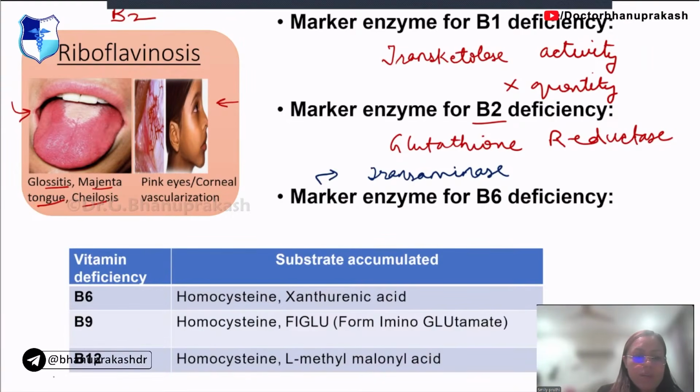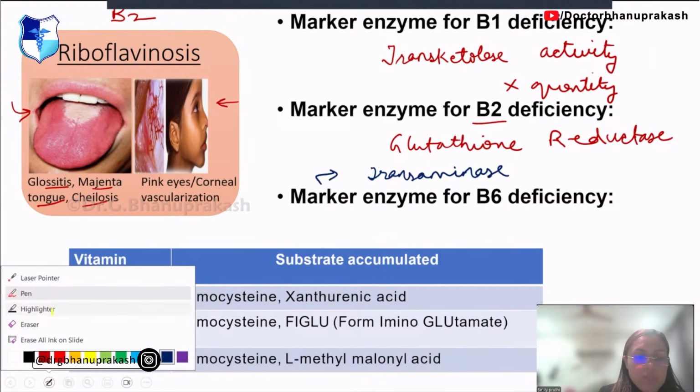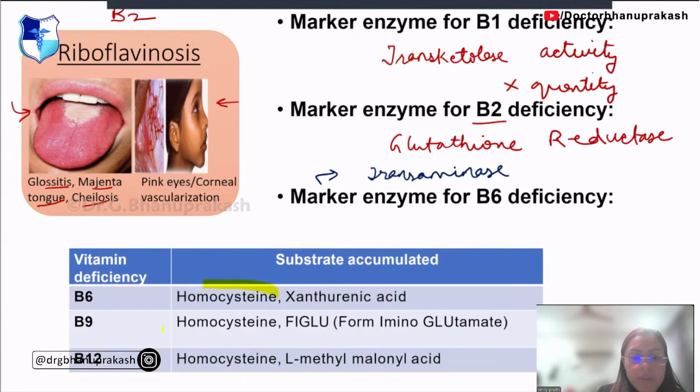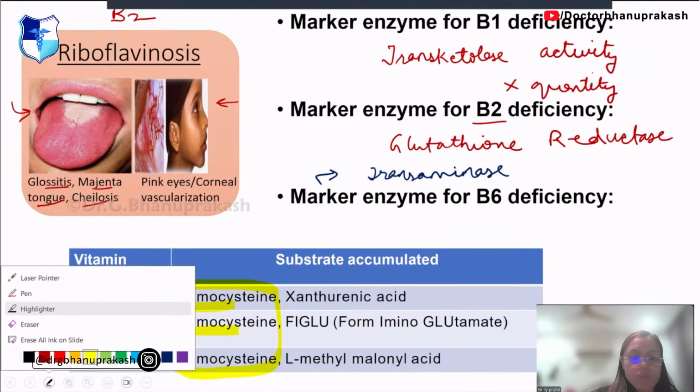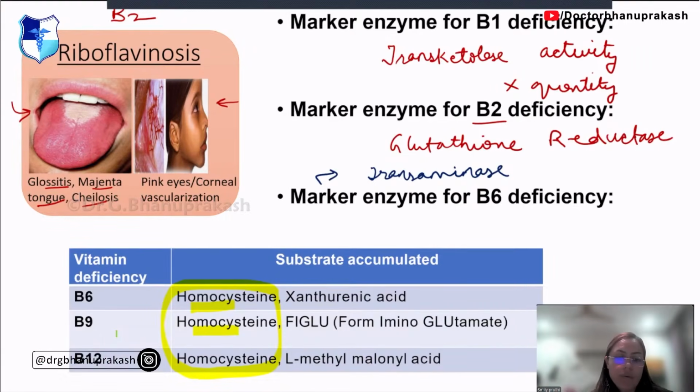Then look here, homocysteine is accumulated whether it is B6 deficiency or B9 deficiency or B12 deficiency. So how will you distinguish whether it is B6, B9 or B12? If they have written xanthurenic acid, then it is very clear it is B6 deficiency.